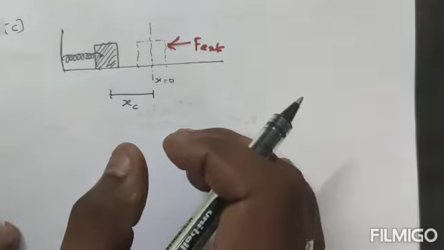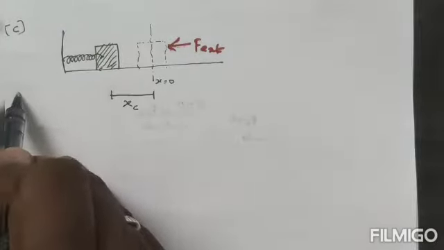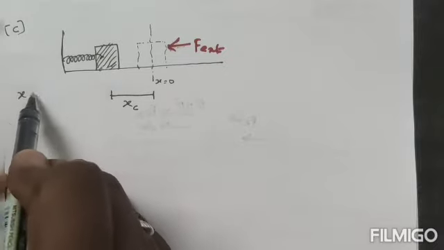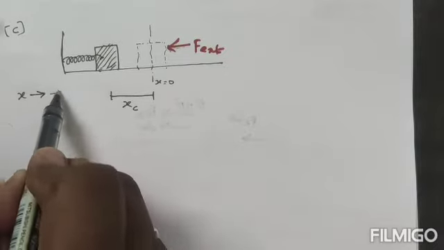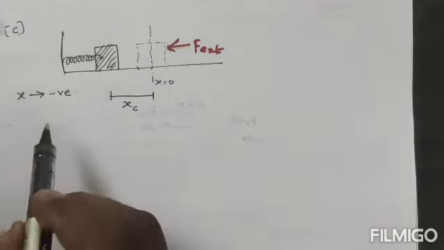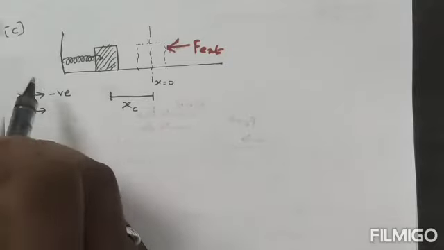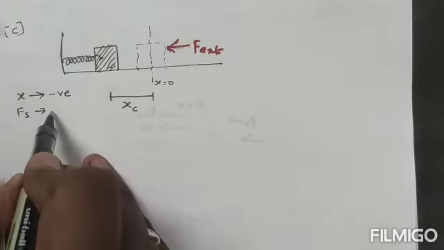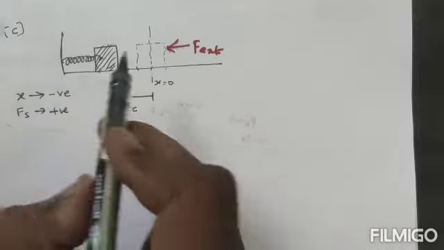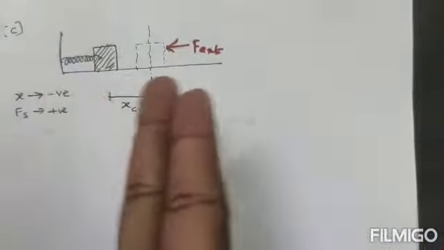Generally, the displacement direction, the x direction, let's take as negative. But the spring force direction is always opposite to the displacement direction, so it is positive. If you compress in this direction, the force acts in the opposite direction.